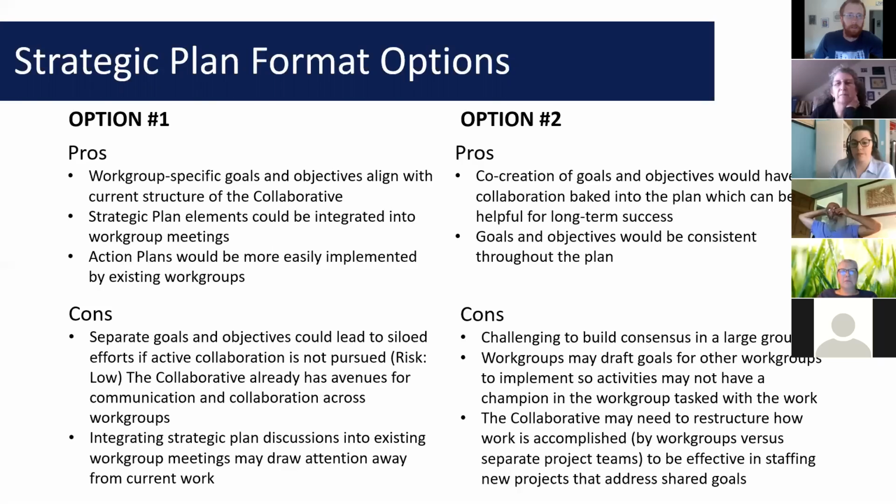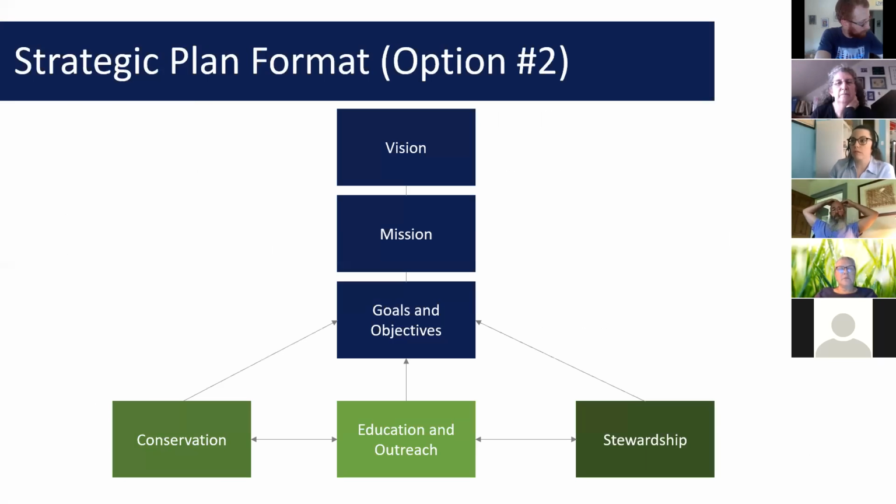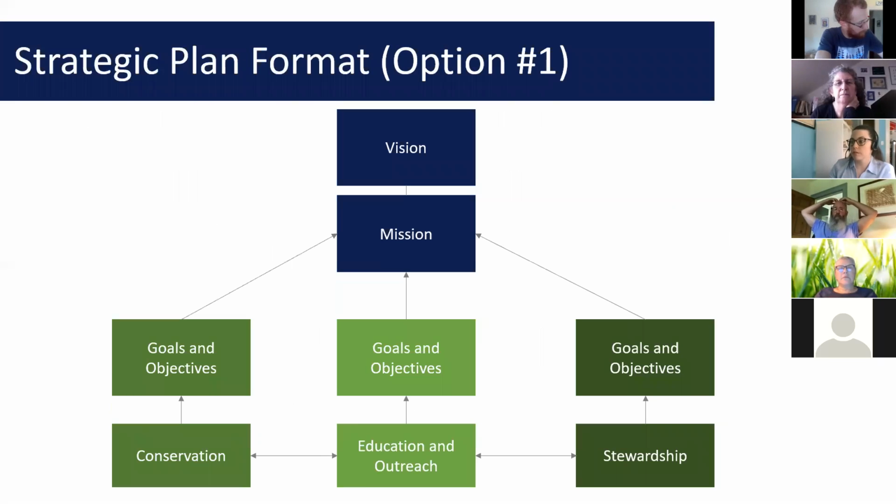I kind of favor option 1 more than option 2. Right now, it's had some very good outcomes and works well. I don't know if changing the structure would make it work better or not. That would remain to be seen. But I kind of favor that.